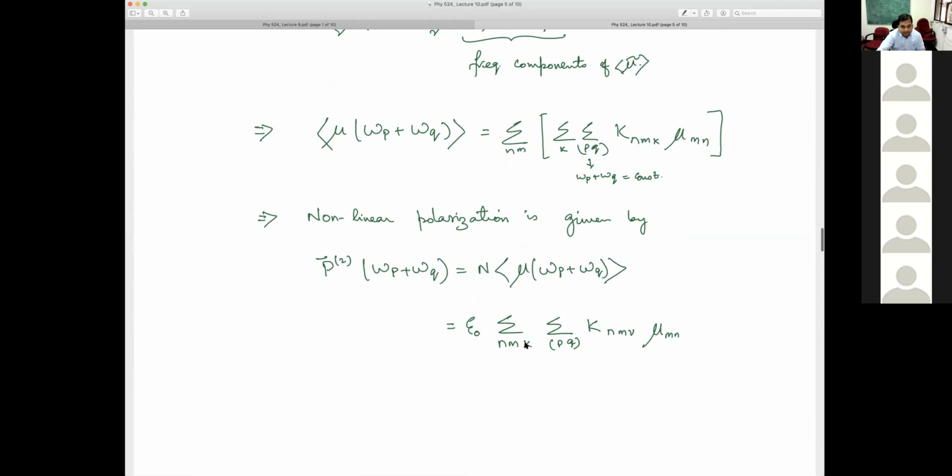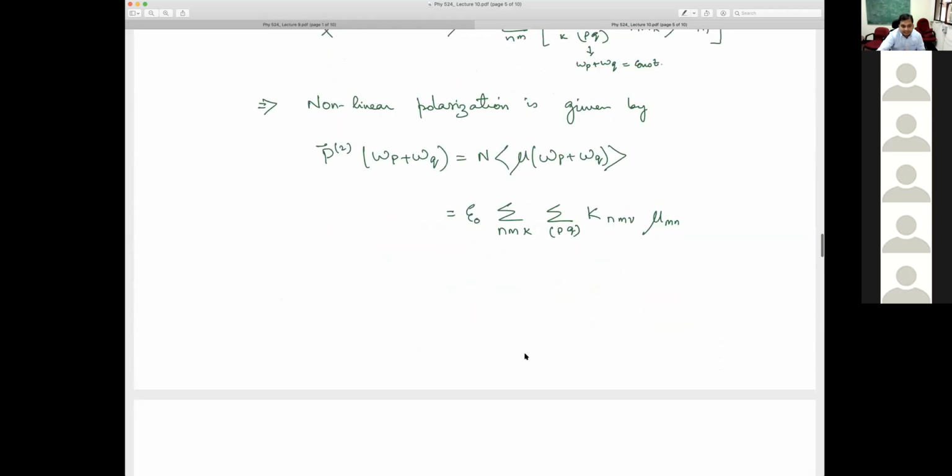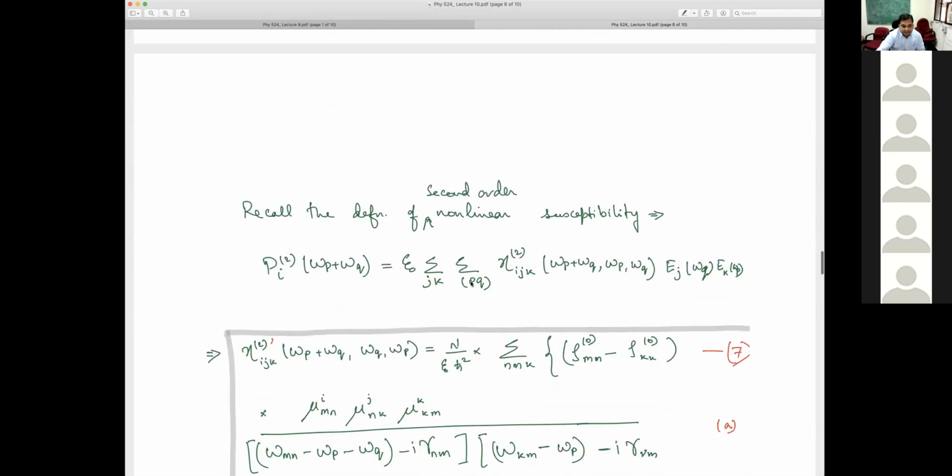Remember that here I used the k notation as the index for orbitals. And when I write down this equation, I am using i, j, k for Cartesian coordinates. So the k index turns out to be used repeatedly for two different things. Ideally it should have been a different notation, so I'll put a k prime.